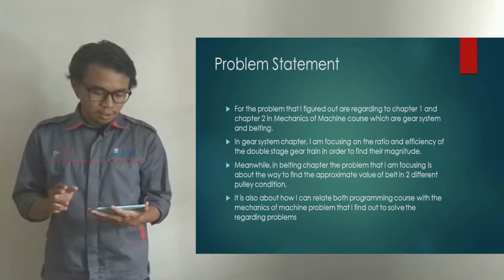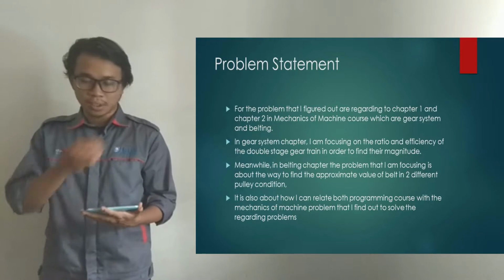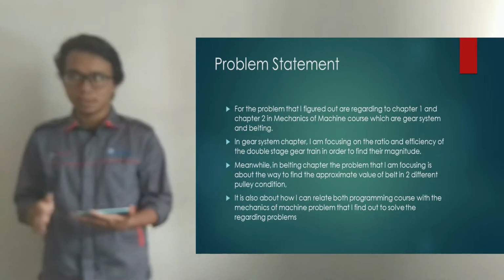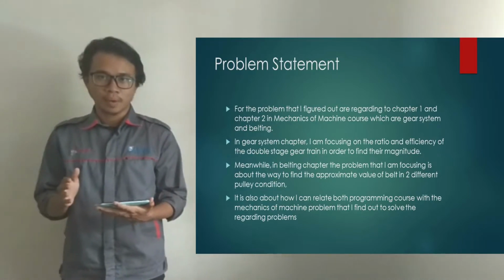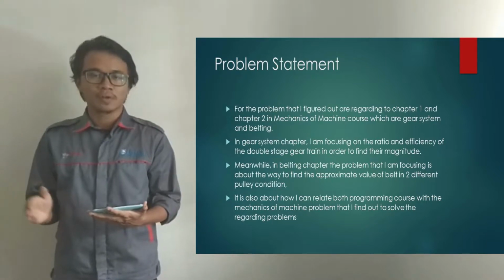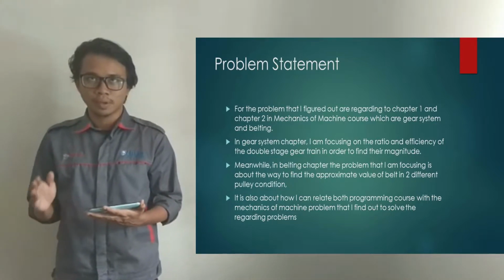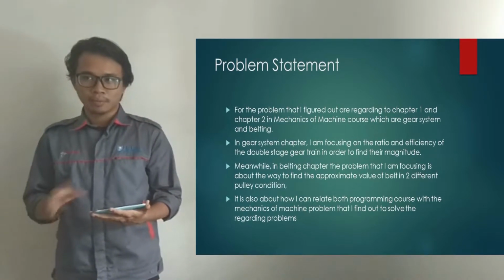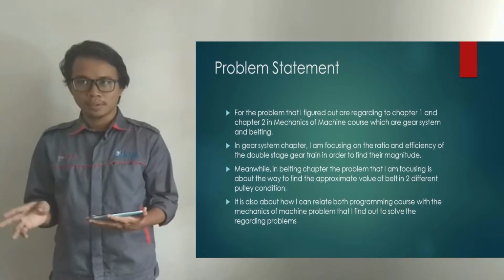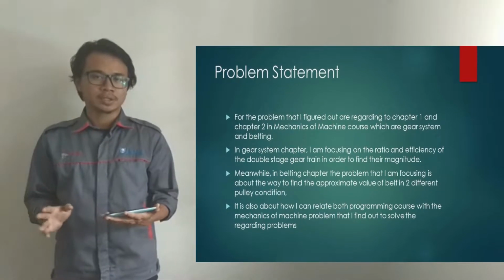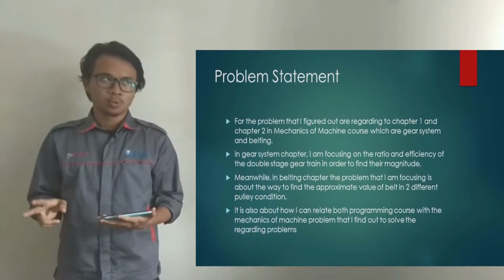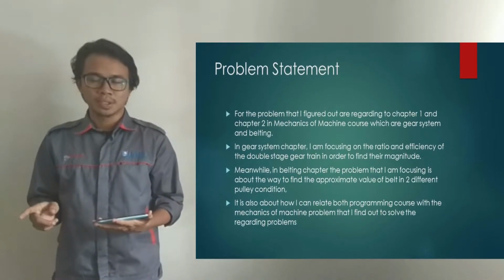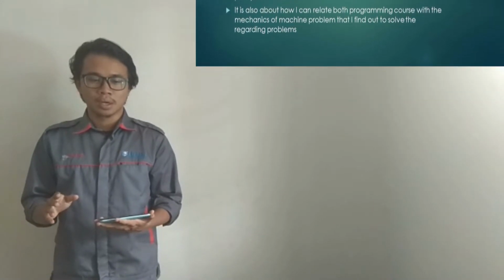For the second chapter, which is belting, I'm focusing on the approximate length of the belt, how to find the length of the belt. So the next problem is how to relate these two courses, which are Mechanic of Machine and programming, to solve the problem.